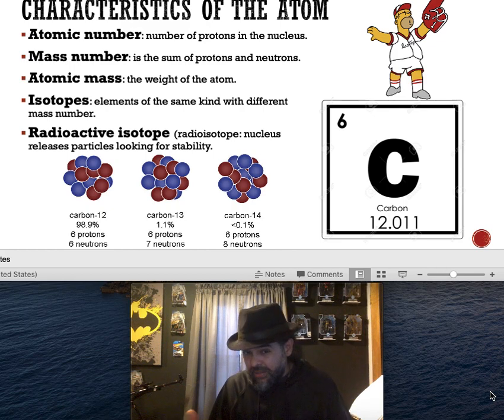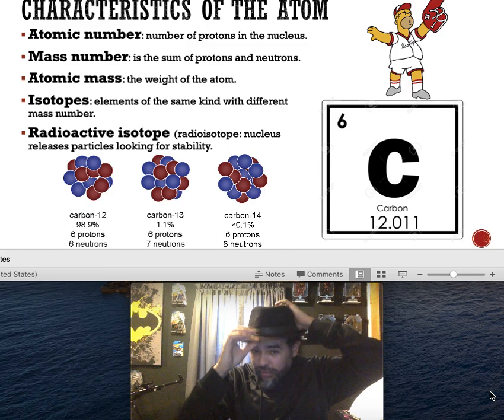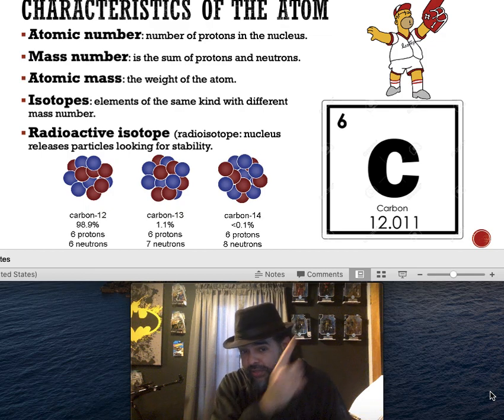Isotopes are elements of the same kind, but that have different weight. So their numbers might be a little different from one another, but nonetheless, they are still going to be the same element. Let's look, for example, here we have 3 individual atoms. They are the same element, they're carbon.